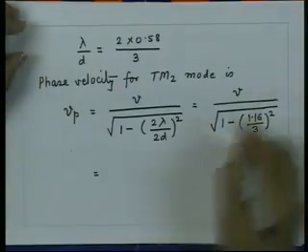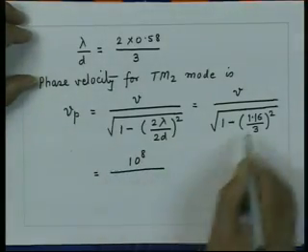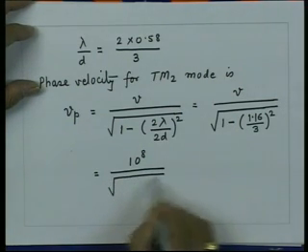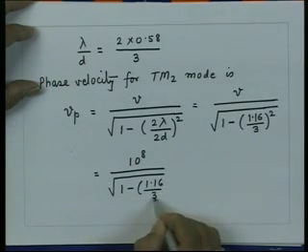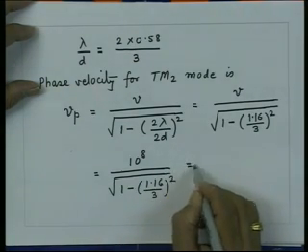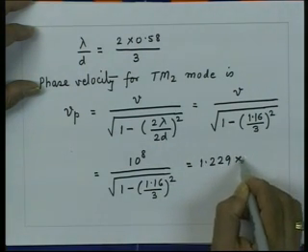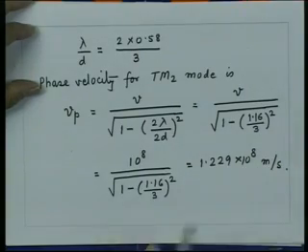Substituting for V, we get 10 to the power 8 divided by square root of 1 minus (1.16 upon 3) whole square, that will be equal to 1.229 into 10 to the power 8 meters per second.